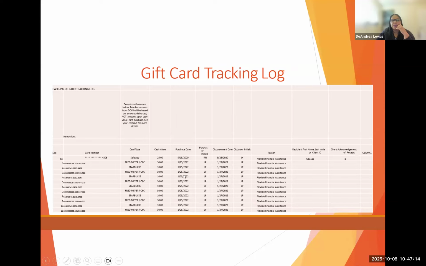So if you see they purchased these on the 25th and handed them out on the 27th, and the reason, these all say flexible financial assistance, because that is all that was required for this particular example.